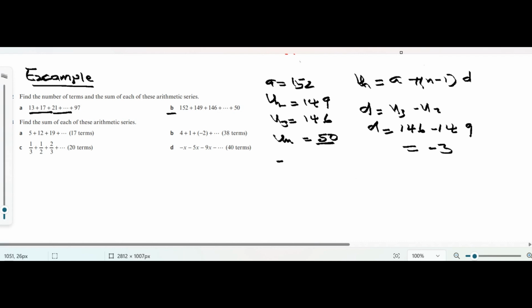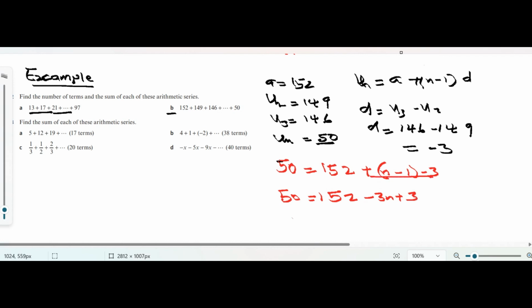So I have 50 equals my first term 152 plus open bracket the n I'm looking for minus 1, and I have minus 3 here. So I have 152, then minus 3n plus 3.